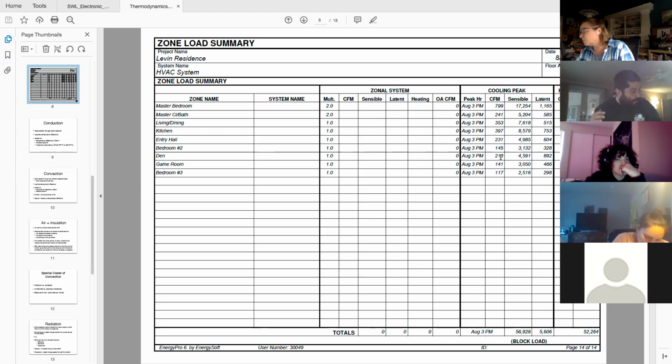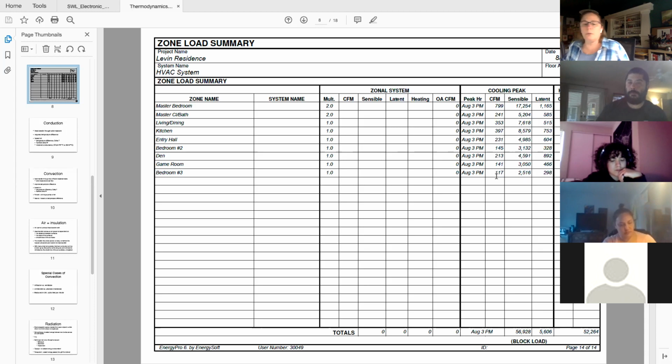And typically it's directly in relationship to what the overall load is. So for this master bedroom, the cooling load is extremely high, and it needs more airflow at the peak cooling time, which is August 3rd here, versus bedroom number 3, very low cooling load, a lot less airflow needed with your typical forced air system.